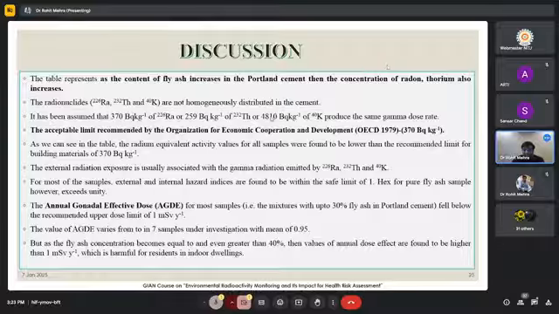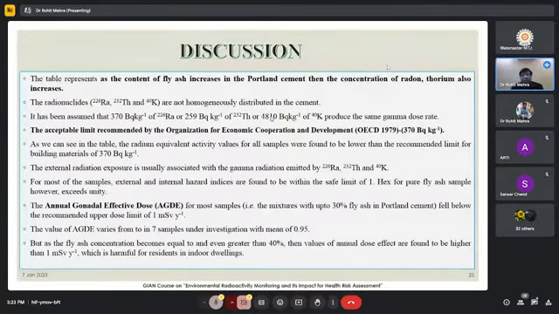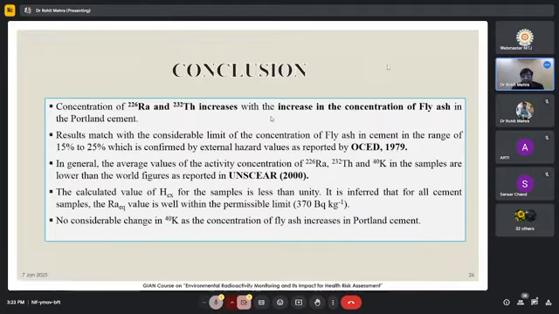Another parameter is, as we have discussed, on the one hand we are increasing the binding capacity of cement with the choice of fly ash. On the other hand, we are giving an enhanced level of radioactivity to the human population with the use of fly ash in the cement.